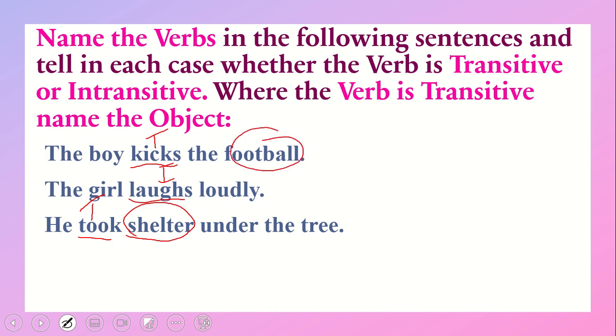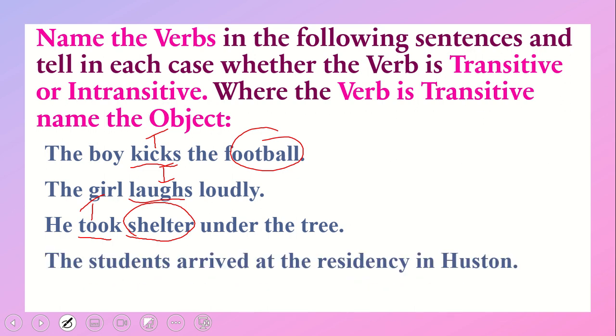So the complete sentence is: he took shelter, or he took a cover, or he took a laptop, or he took a book, or he took a pen, or whatever you want to say. So took is a transitive verb because it needs an object to give its complete meaning, what the subject has taken.